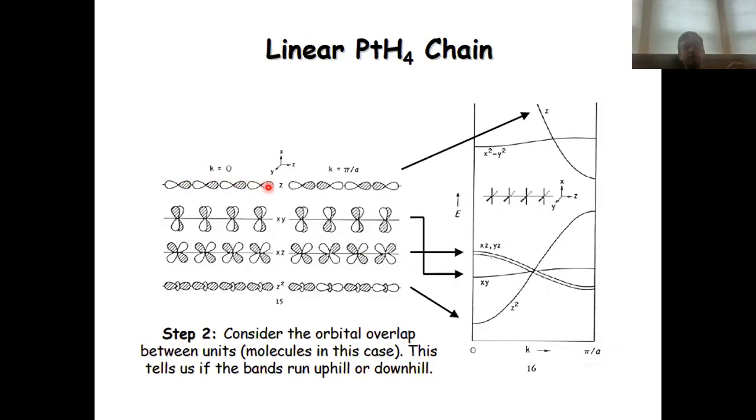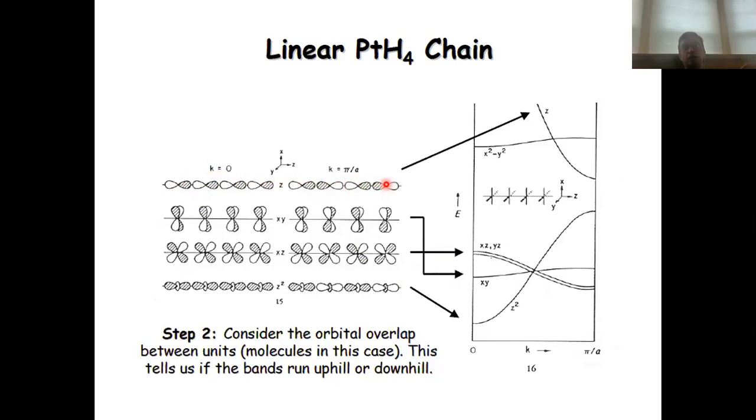So this will lead to a very wide band again because of the strong orbital overlap. So our band would run, in this case, downhill, because if you do not alter the algebraic signs, we could maximize the antibonding interactions. If you alternate the algebraic sign, we will create bonding interactions.